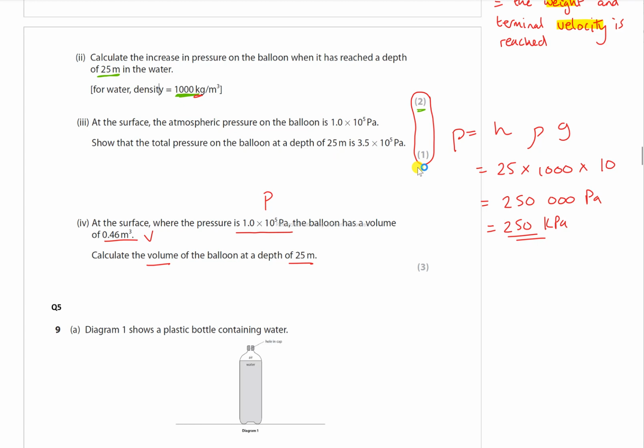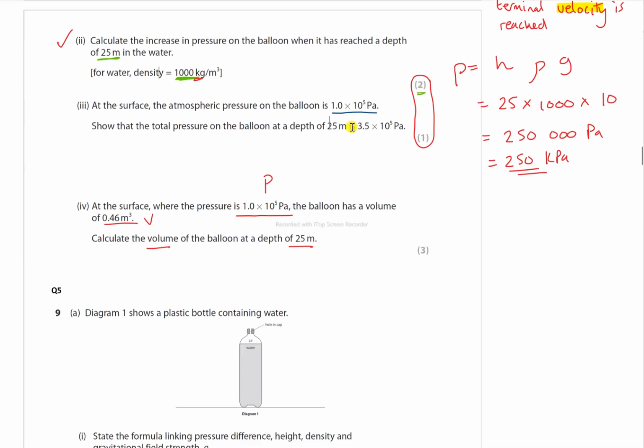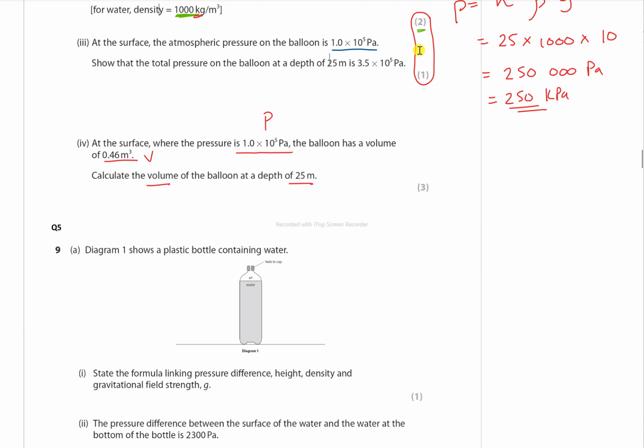Right, I've not done this like I normally do. Move that there, so that's that one done. Right, at the surface, atmospheric pressure is that. And right, what was I looking for? Okay, that was that one. I've linked these two, silly person.